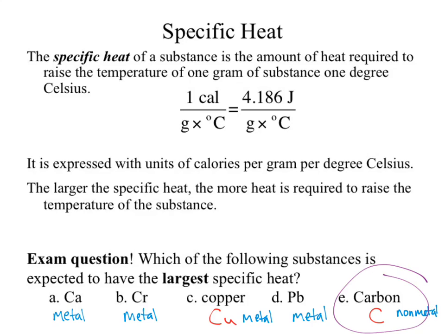What if I'd switched it to smallest specific heat? With smallest specific heat, you will notice that if I ask that question, all of your answer choices would change. What would they change to?